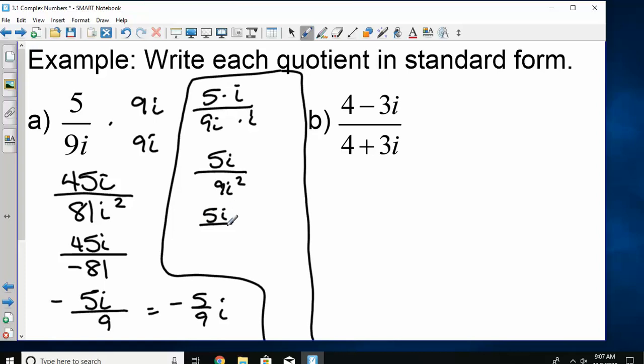So that's 5i over negative 9, which is the same thing, negative 5/9 i. So this one we could get there either way, as long as it's just one term. Remember, terms are separated by addition and subtraction. As long as there's no addition or subtraction, all you have to multiply by is the i. Now, if you multiply by the whole thing, that just means you have to reduce your fraction later on. It's not a big deal. Okay, B. What do we have to do on this one?